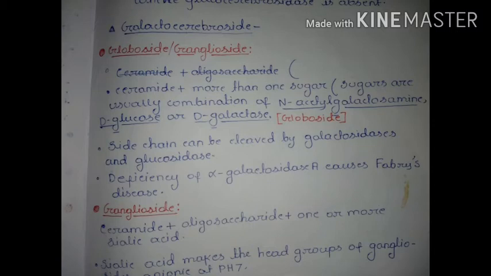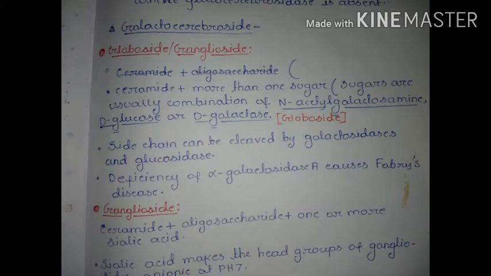So now it is about the ganglioside. We divided sphingosine based glycolipid on the basis of which type of carbohydrate or how many carbohydrates are attached with the ceramide. So now we discuss the ganglioside.